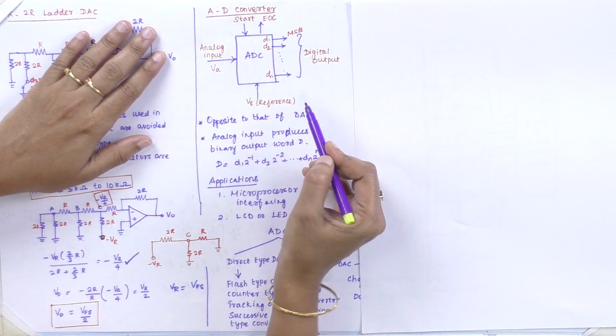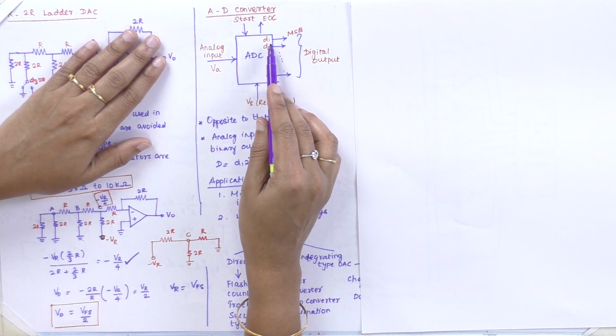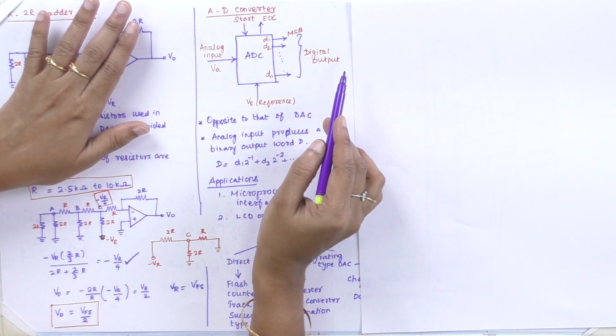The comparator will compare whether VA is equal to, less than, or greater than the reference voltage. We have input voltage VA and reference voltage VR, and the outputs will be D1, D2, and so on, an output binary word.